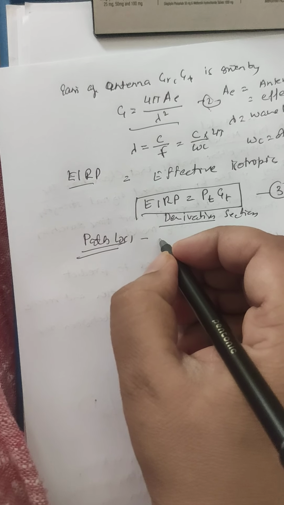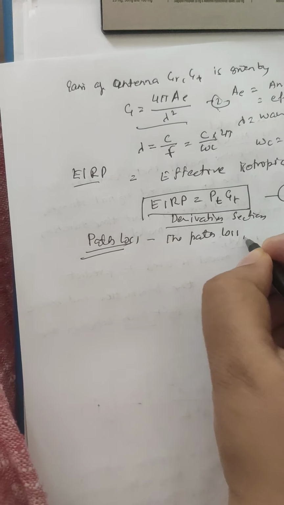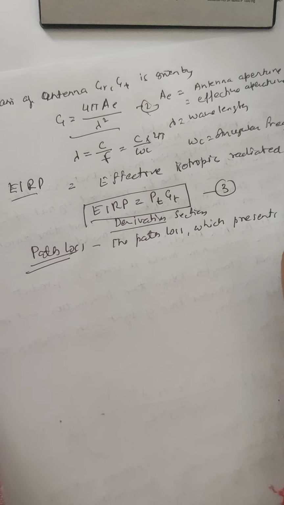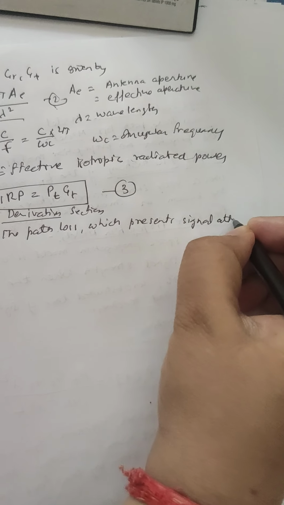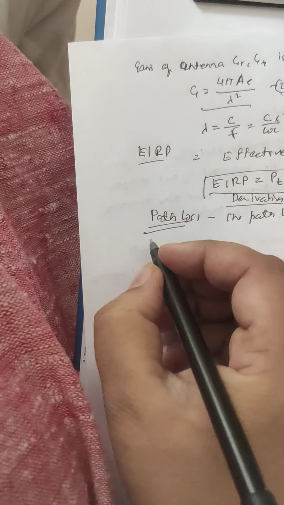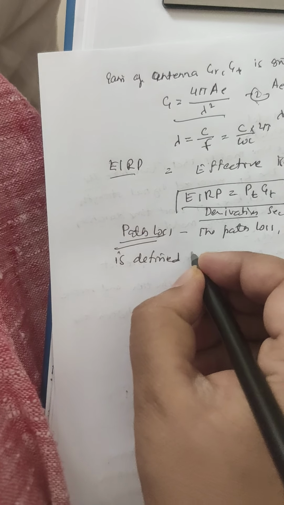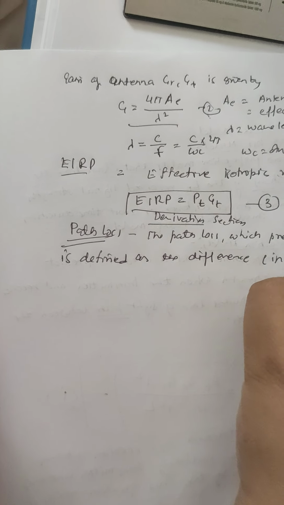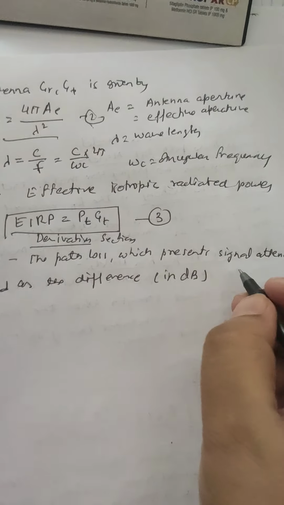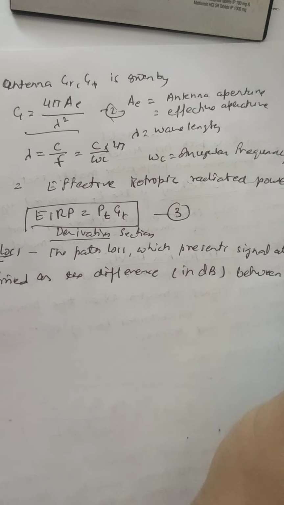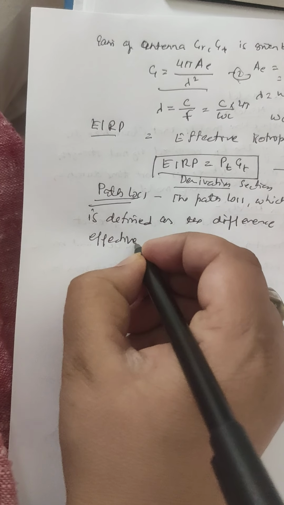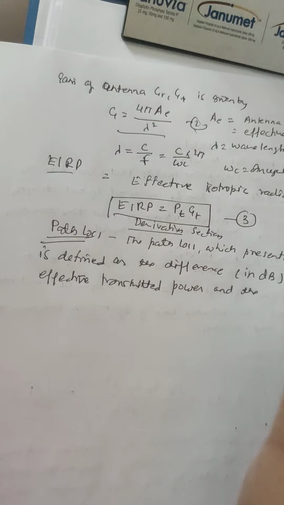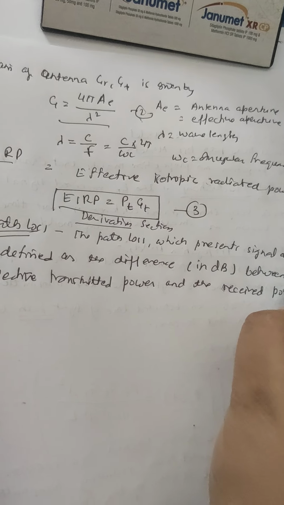Path loss, which represents signal attenuation, is defined as the difference in decibels, in dB, between the effective transmitted power and the received power.